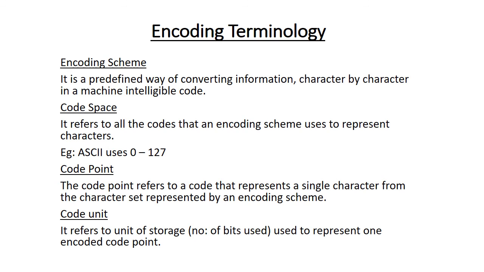Code point: it refers to a code that represents a single character from the character set represented by an encoding scheme. Code unit: it refers to the unit of storage, that means the number of bits used to represent one encoded code point.